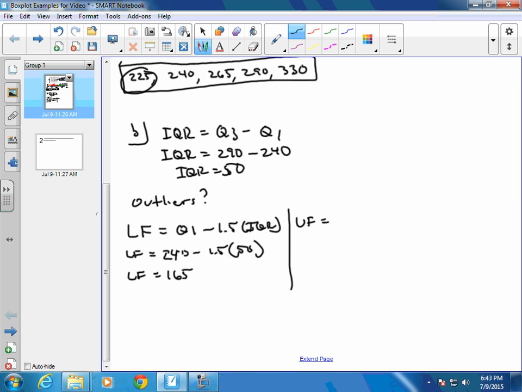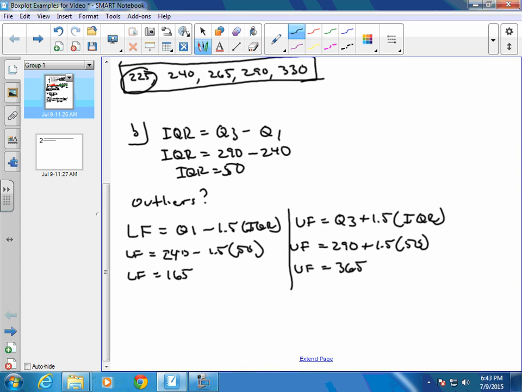All right, we also have a high cutoff point, an upper fence, which is the third quartile plus 1.5 times the IQR. So in this case, the upper quartile, or the third quartile, is 290 plus 1.5 times 50. That would be 290 plus 75. So that would be 365.